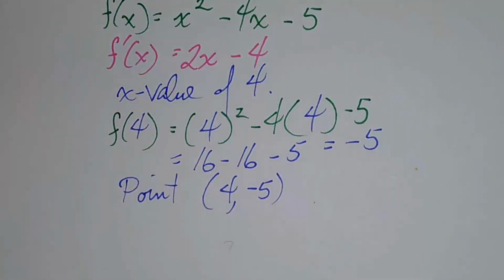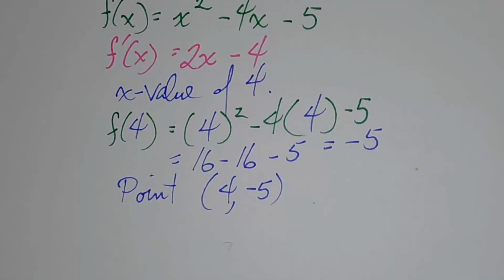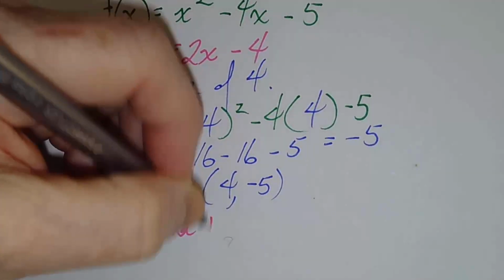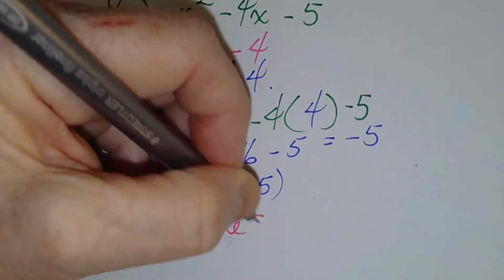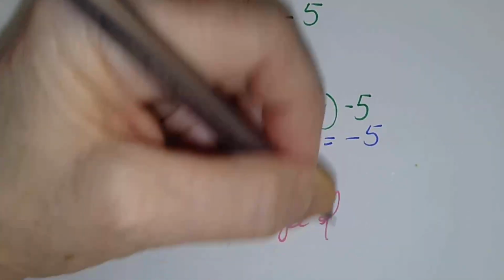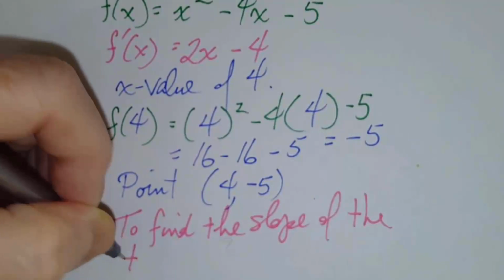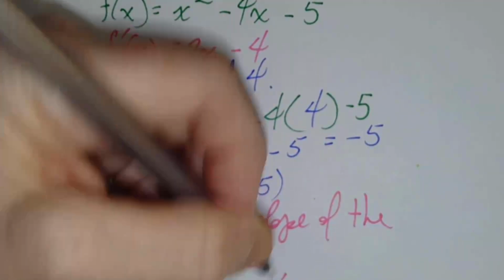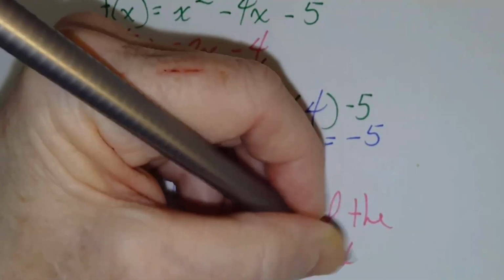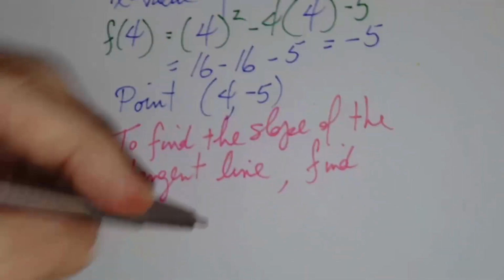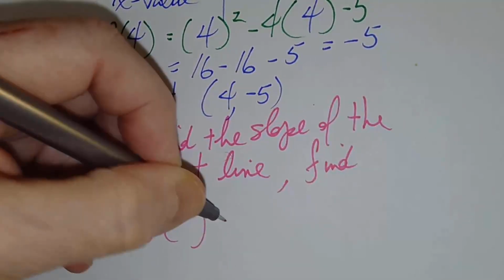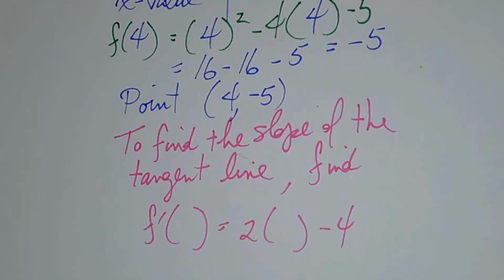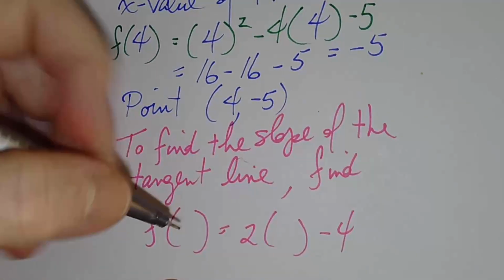To find the slope of the tangent line, we need to find f prime of 4. Okay, f prime of 4.